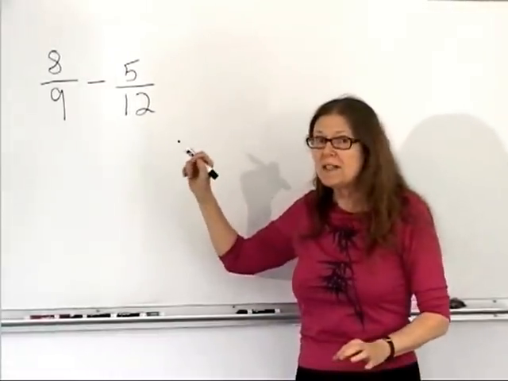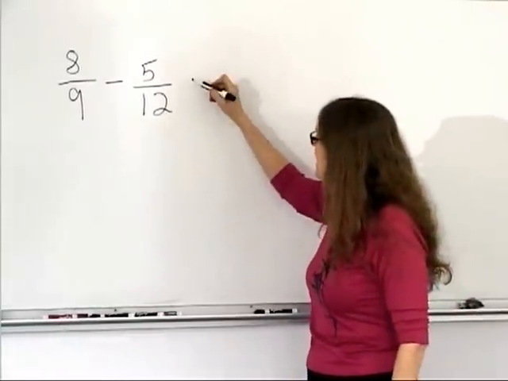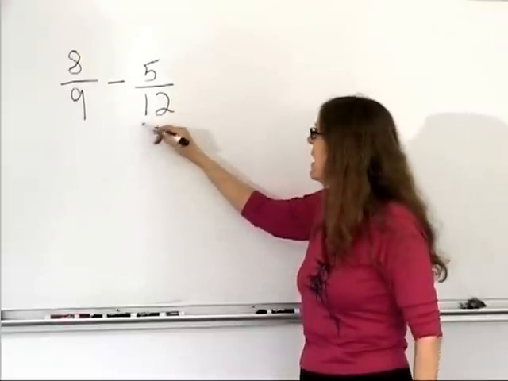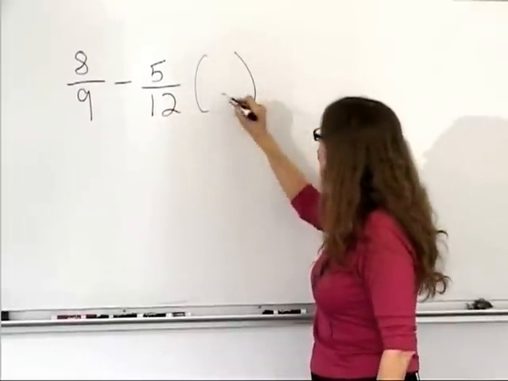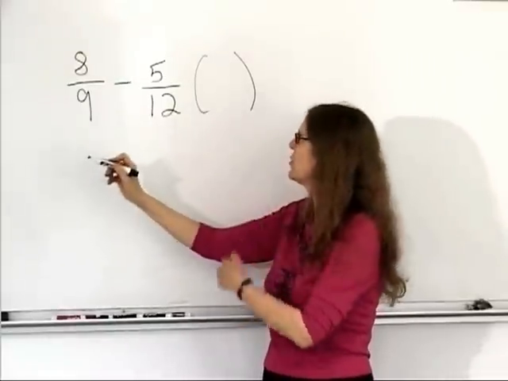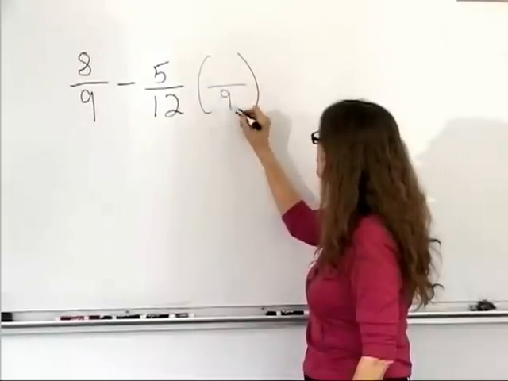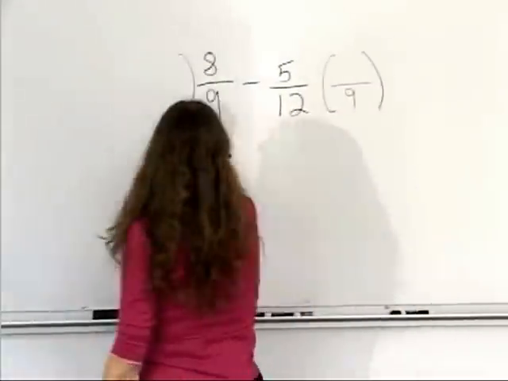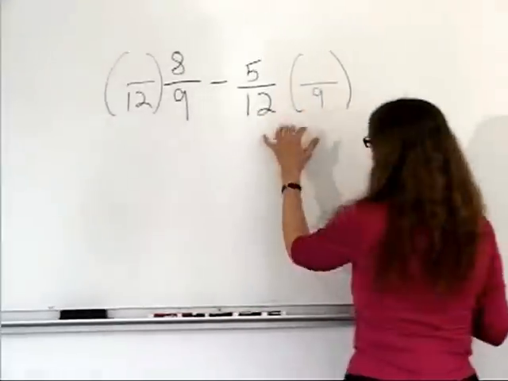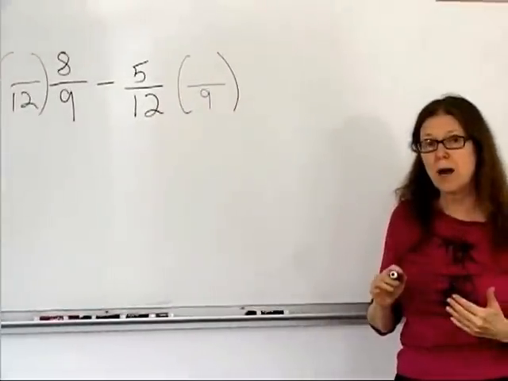And I can always get a common denominator by taking each of the fractions that I'm trying to add or subtract and multiplying one fraction by the other denominator, and then vice versa. So if I multiplied 12 times 9 here and 9 times 12 here, I would get a common denominator and I could do the problem.